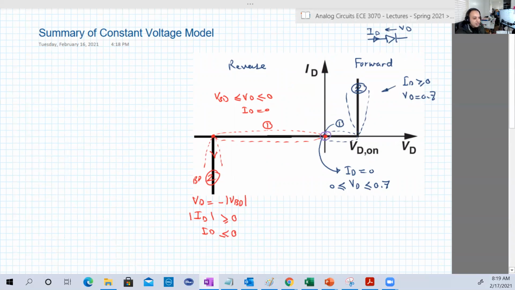So basically the diode is working here, at a transition point. It belongs to reverse, it belongs to forward, but we don't care about naming. What we care about is what the voltage is and what the current is. At that point the current is 0, which was our situation, and also the voltage is 0.